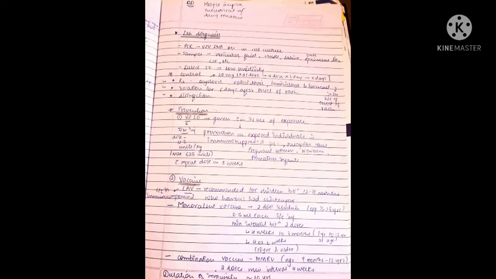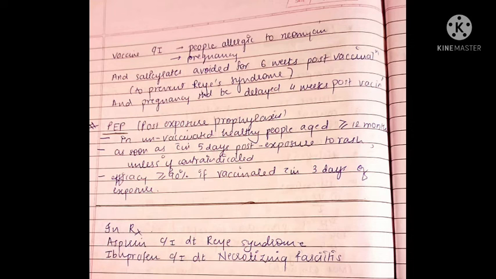Vaccines are contraindicated in people allergic to neomycin and in pregnancy, and in the treatment course, we do not give aspirin or ibuprofen. Why? Because aspirin precipitates Reye syndrome, whereas ibuprofen does the same for necrotizing fasciitis. And pregnancy should be delayed 4 weeks post vaccination.